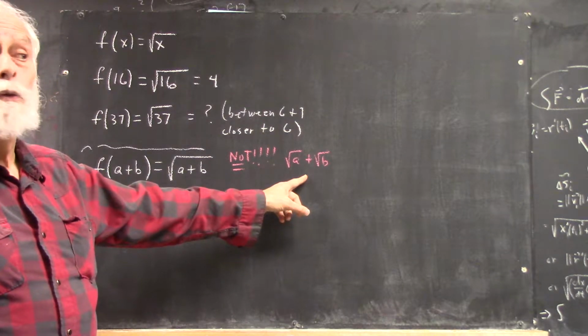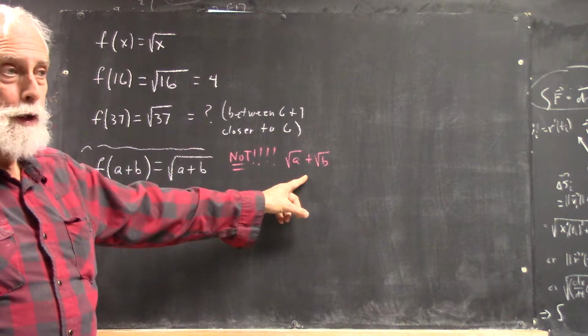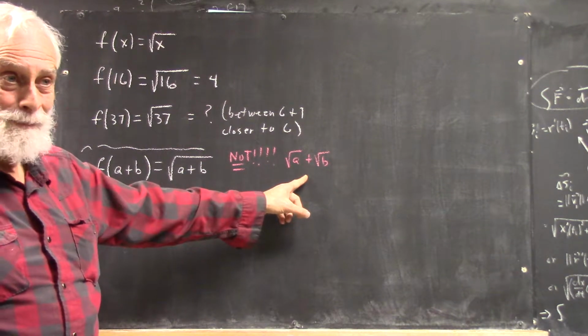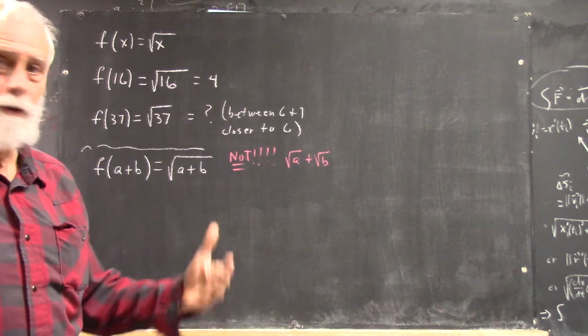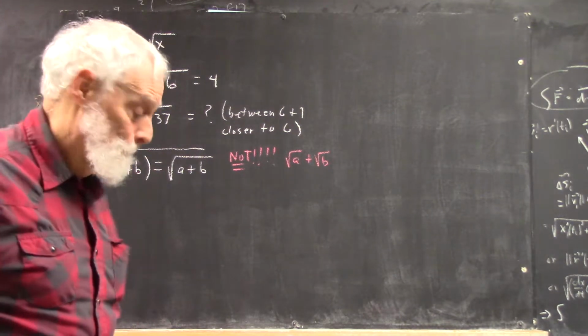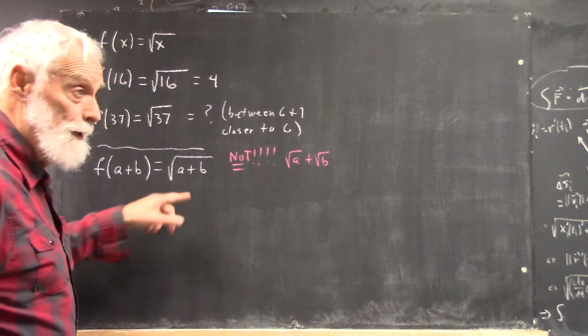That's what I mean by knowing the rules. There's no distributive law of square rooting over addition. No such thing, because you can easily disprove it using 9 and 16. So it equals this anyhow.